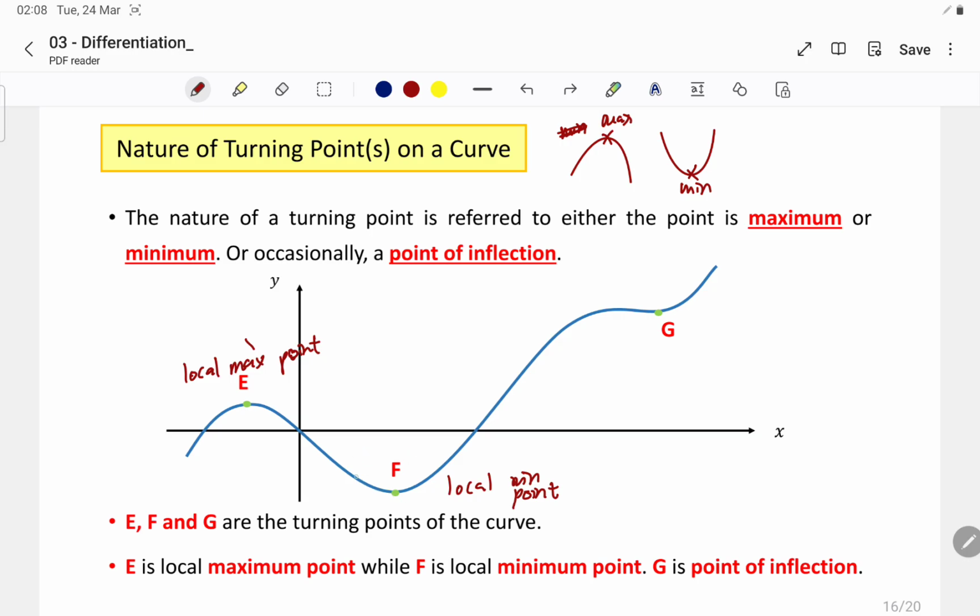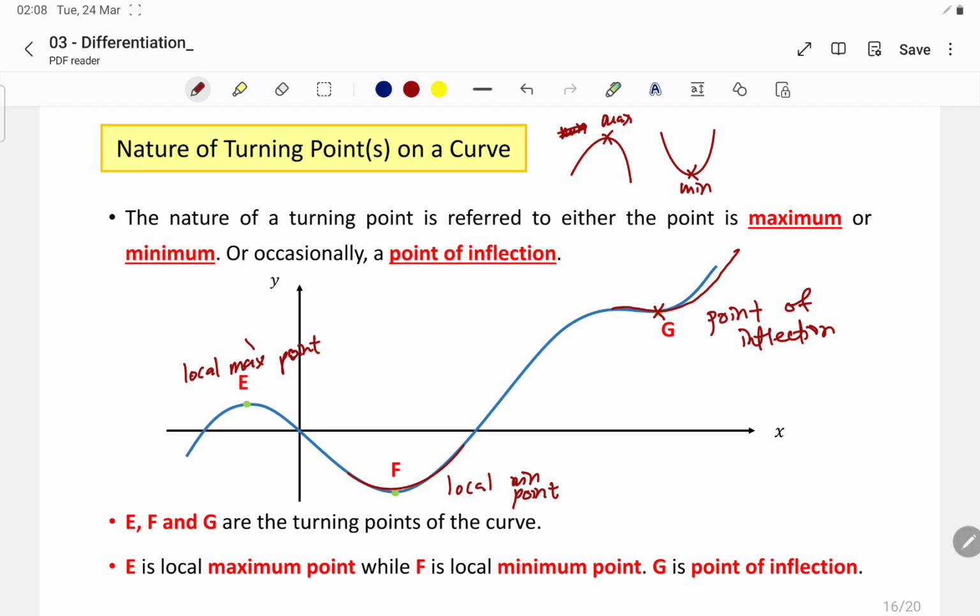If you check here, it bends a lot like this. It is obvious that we can see the change from increasing to decreasing or decreasing to increasing, but for a point of inflection, it doesn't really show. It just bends a bit here. So this is what we call a point of inflection. It still bends, but doesn't bend a lot.